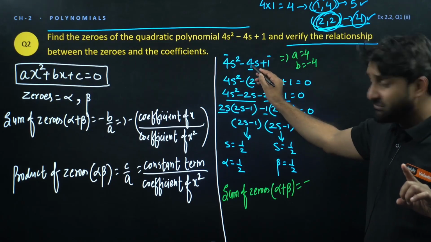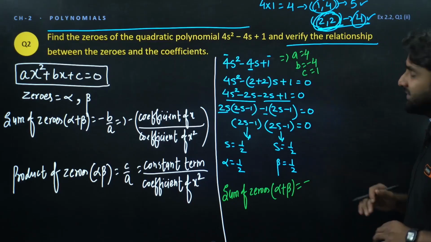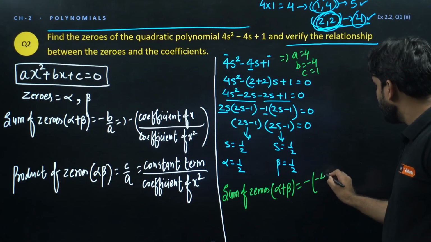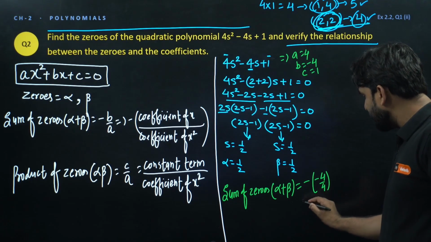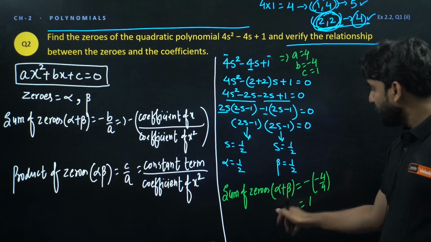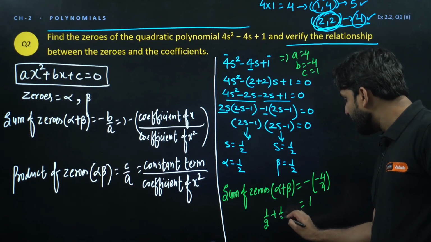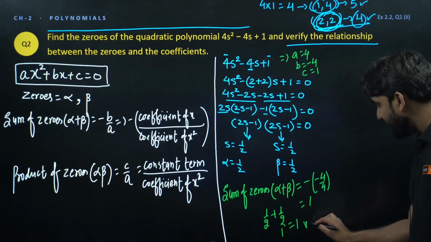If the value is negative, you have to write it as negative. And c is 1. So a, b, c. Clear, everyone? So b is minus 4 and a is 4. So this is minus of minus 4 by 4, which is 1. And if we do alpha plus beta, alpha is half, beta is half, so 1 is equal to 1. Hence verified.